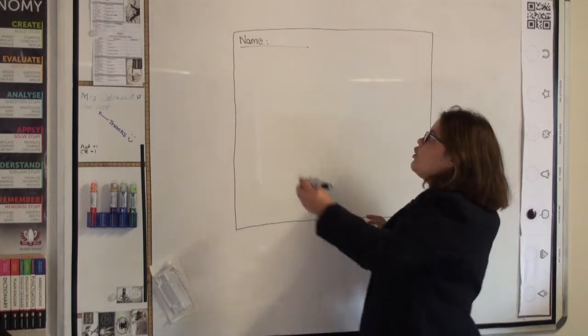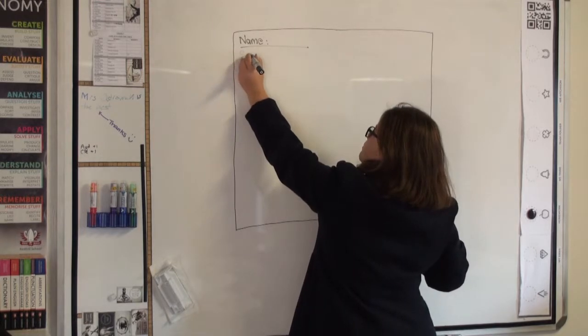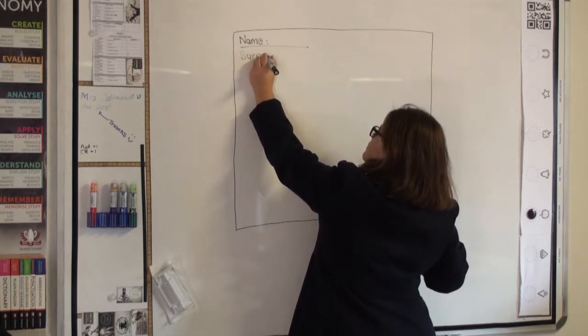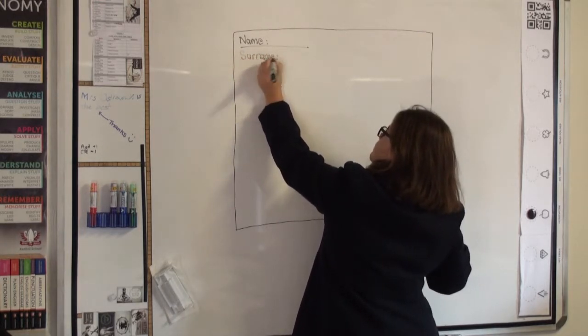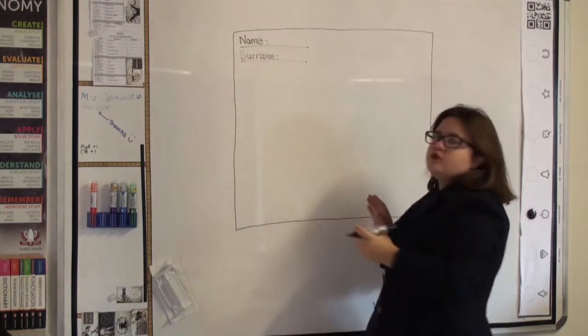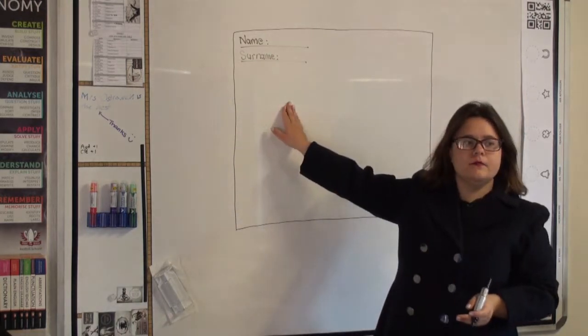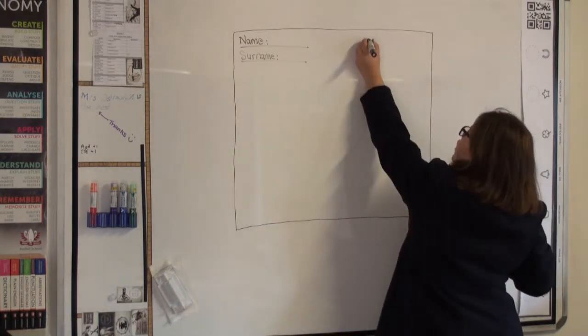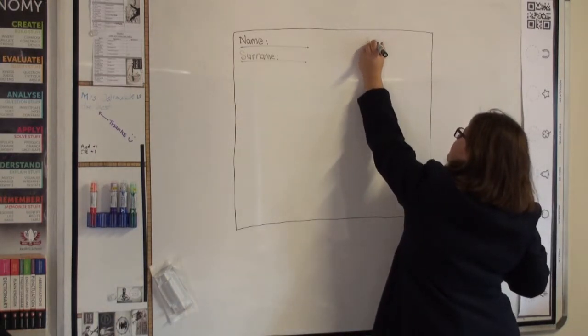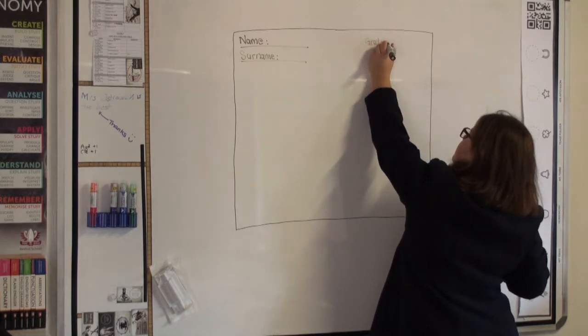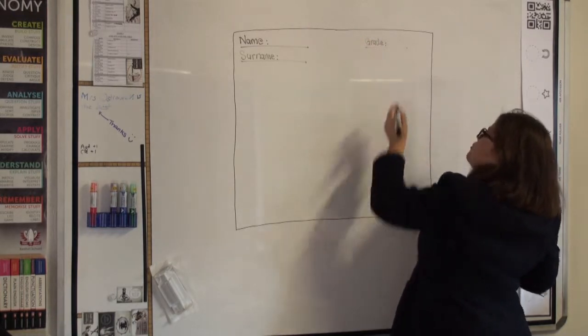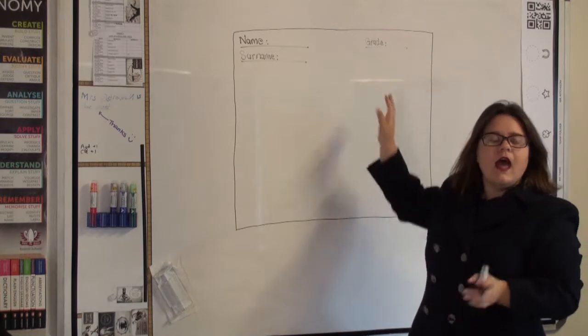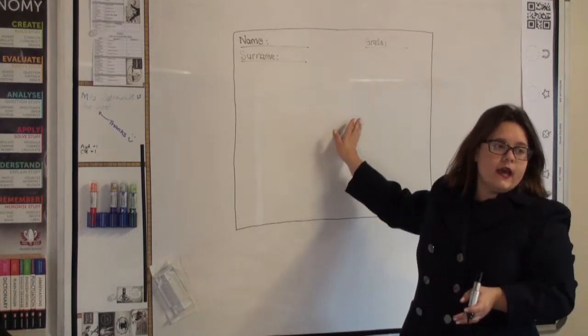Underneath that you will have your surname. And that too should be underlined. On the top right hand side you will have your grade, which should be underlined. And underneath that, you should have the date.